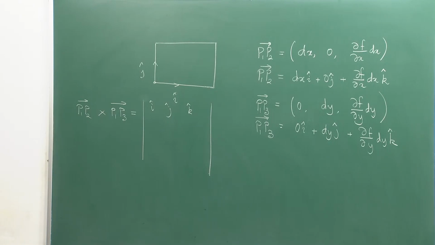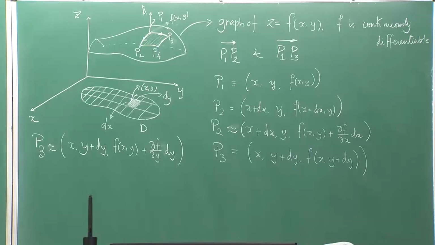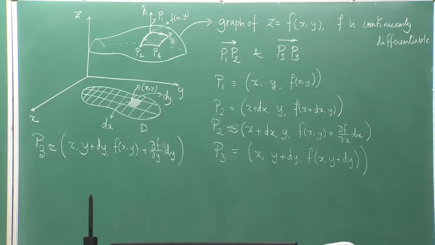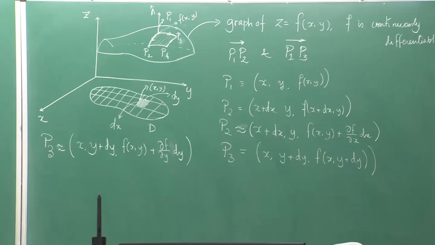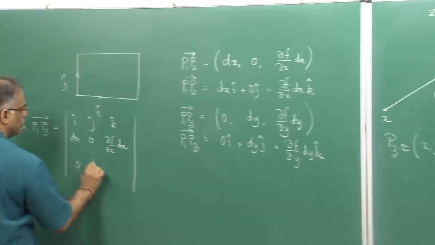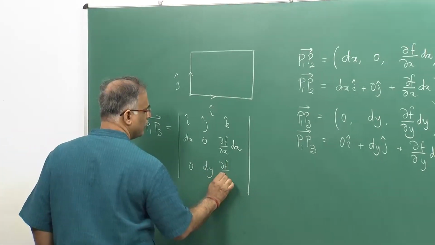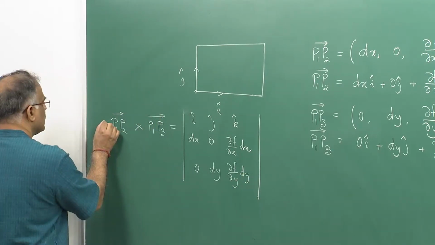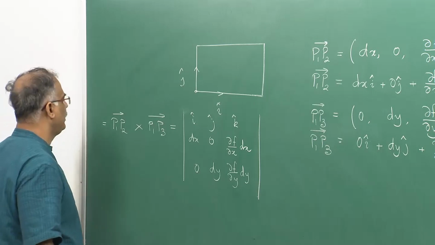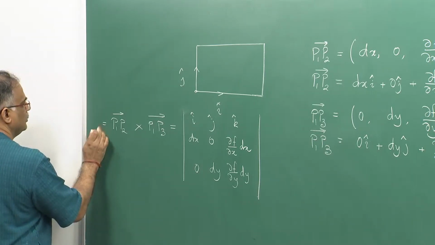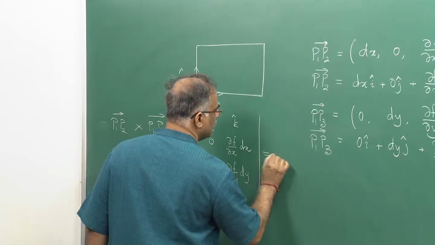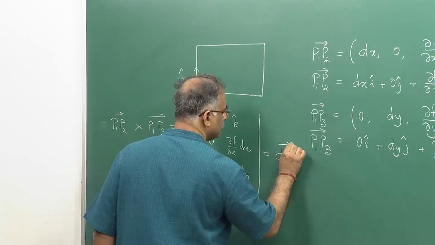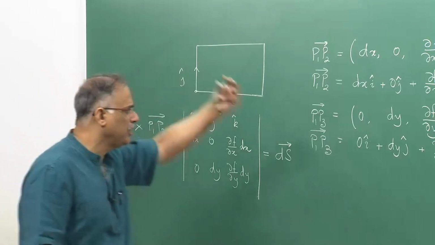So you have i, j, k, then dx, 0, del f del x dx, and 0, dy, del f del y dy. Let me call this my small area vector, the ds vector, because you are talking about an infinitesimal area.